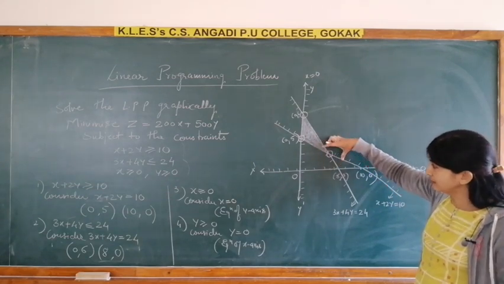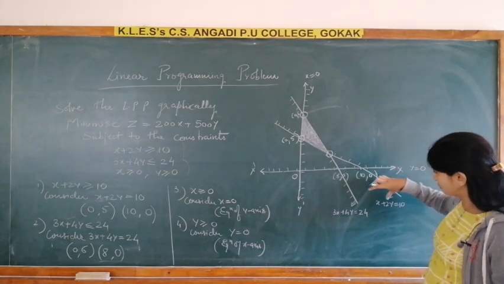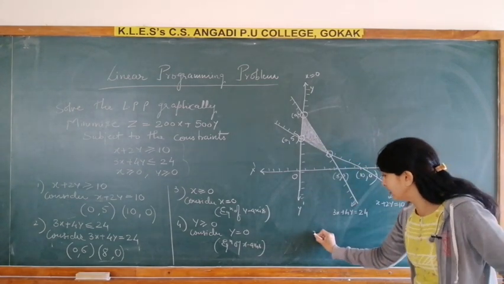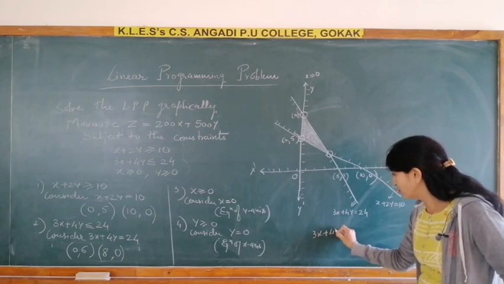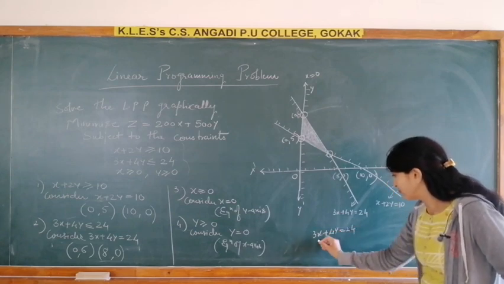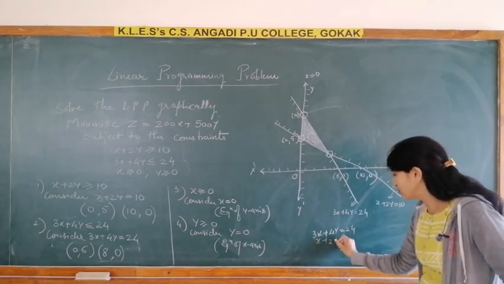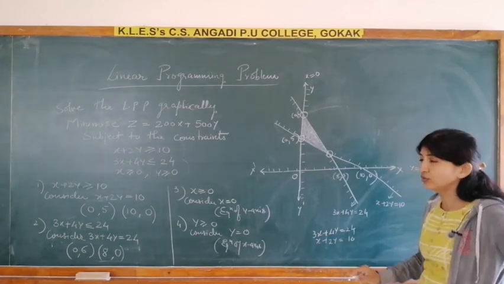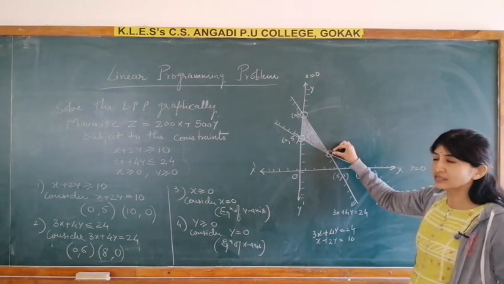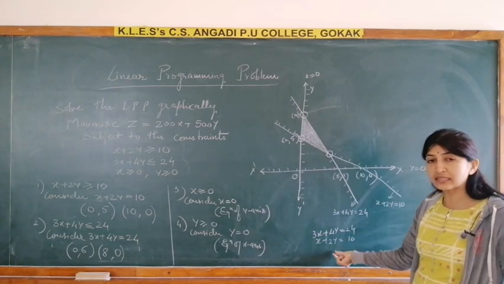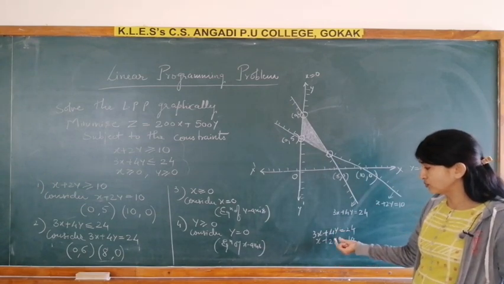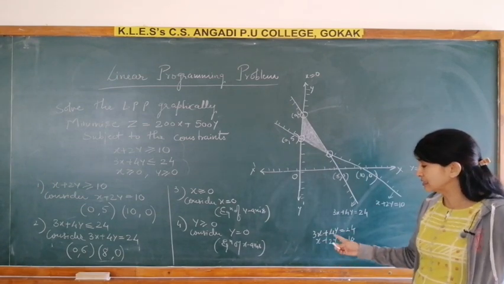So first line, second line. What is the equation of those two lines here? It is 3x plus 4y is equal to 24 and x plus 2y is equal to 10. You know that the point of intersection is nothing but the value of x and y, and all of you know how to solve the two equations simultaneously.